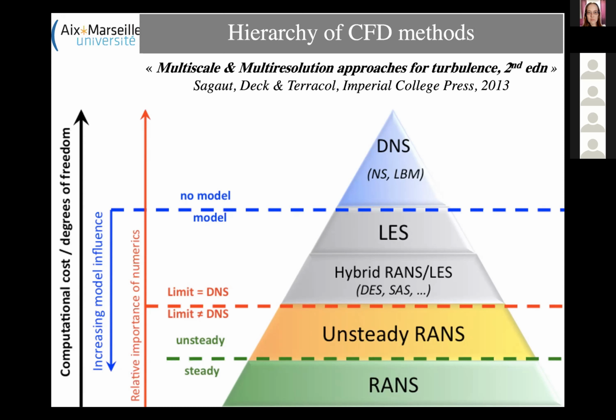What I'm going to show you today are results coming from large-eddy simulation. Large-eddy simulation is an unsteady three-dimensional approach in which you assume that most of the turbulent dynamics is captured on your grid. So the grid is assumed to be fine enough to capture, let's say, 90% of the kinetic energy of the flow.